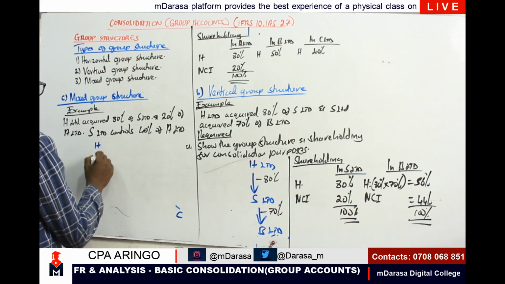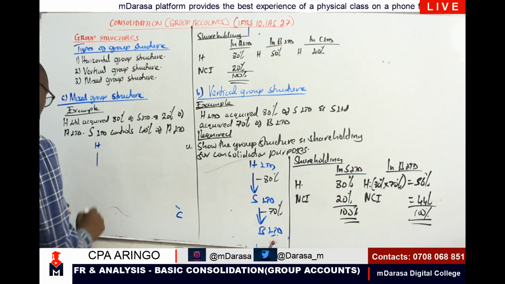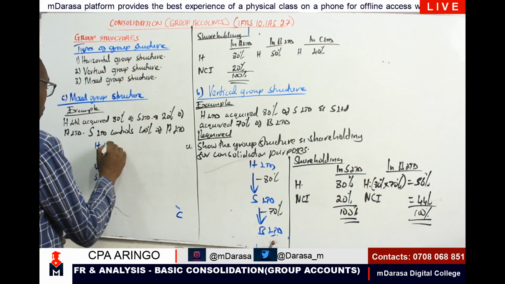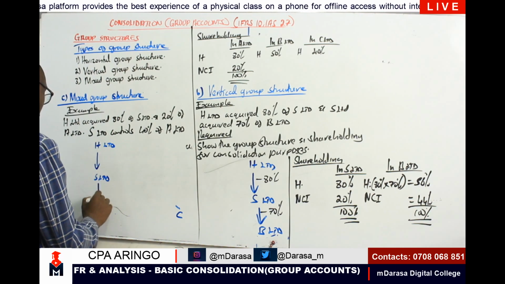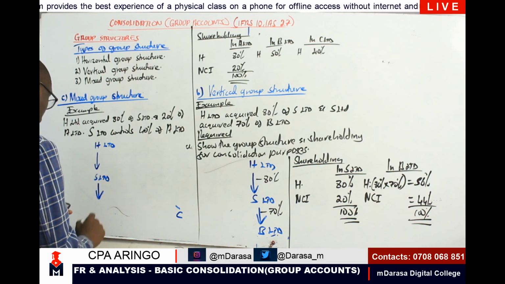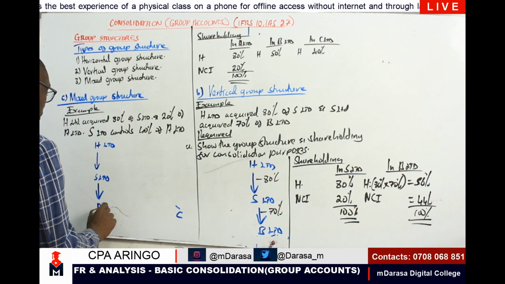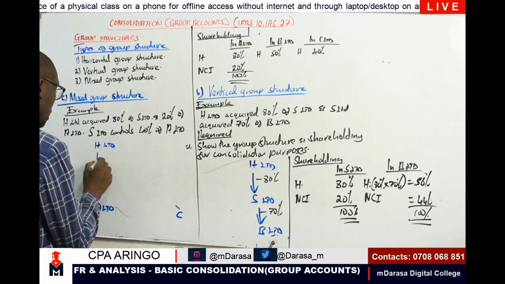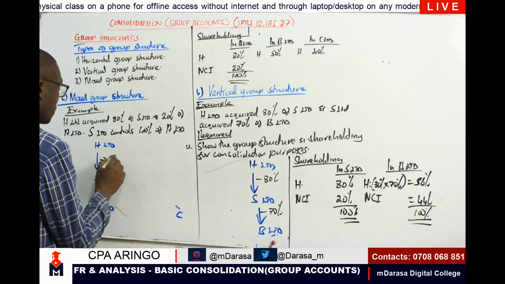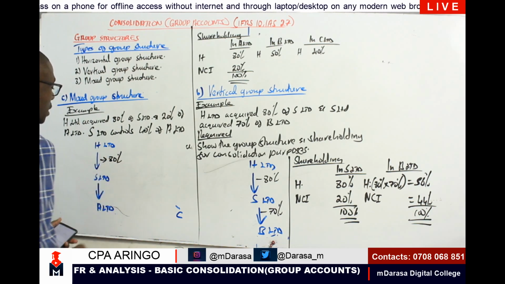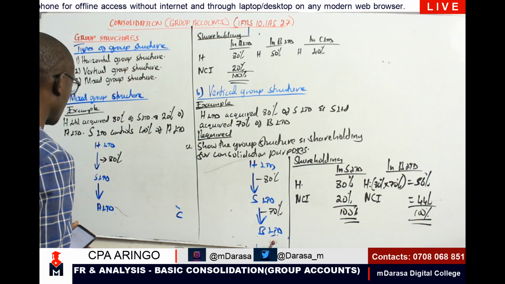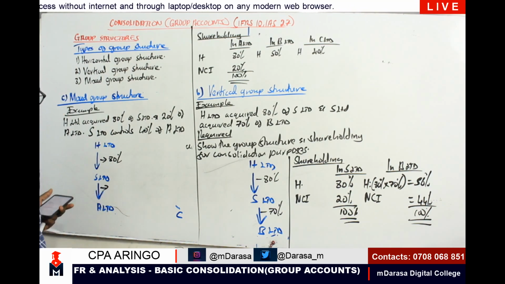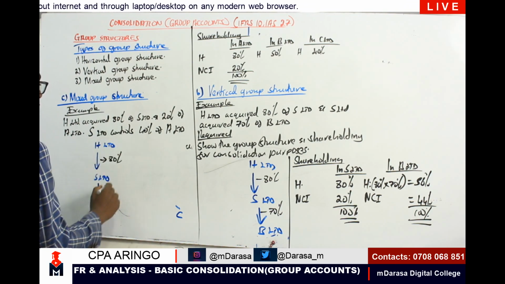So this is how our structure will be. First of all, I'm having H there. H, we are controlling S Limited. And here we are having A Limited. So for H, in this case, we've agreed we are controlling 80%, meaning that this is a subsidiary. Whereas in this case, S is controlling what percentage you've said? 40%.